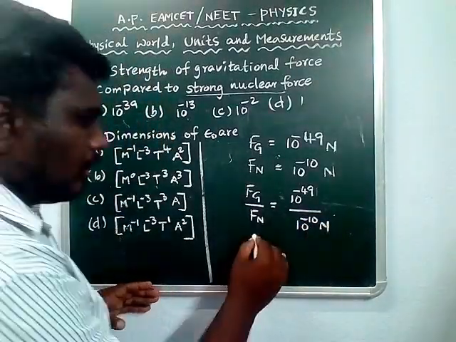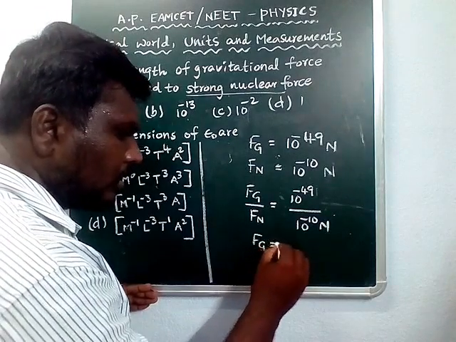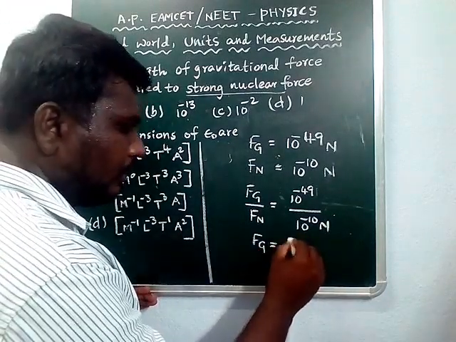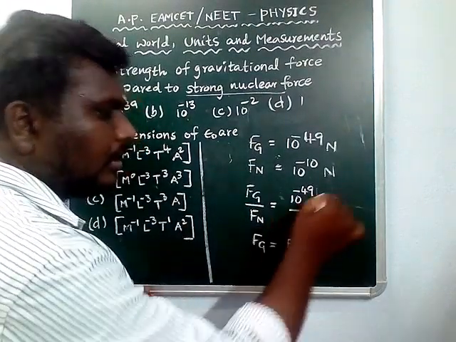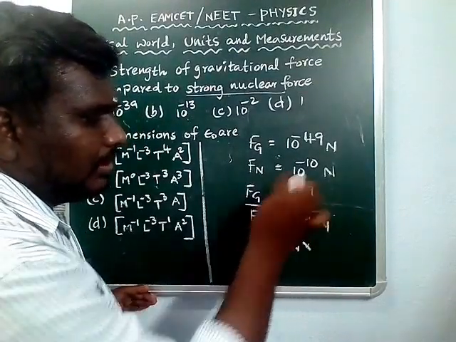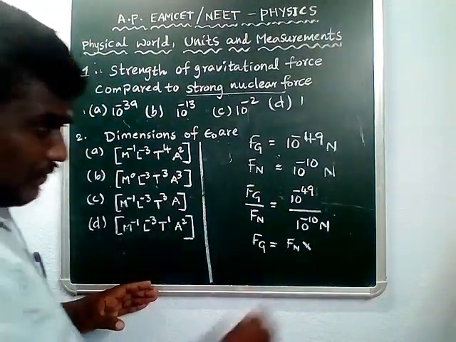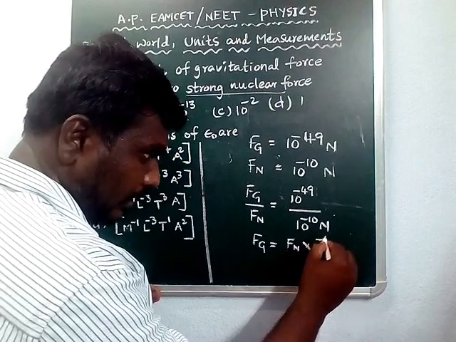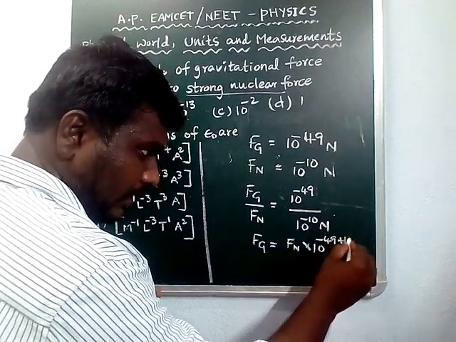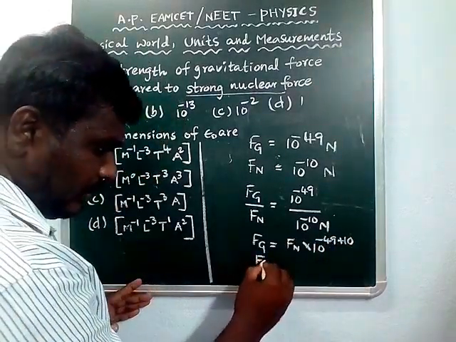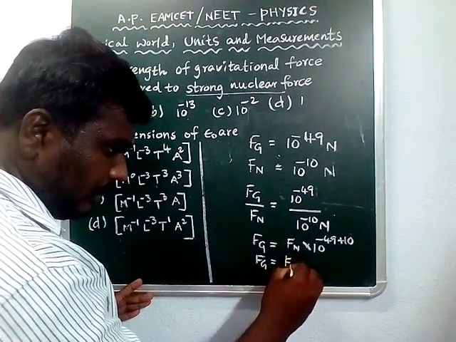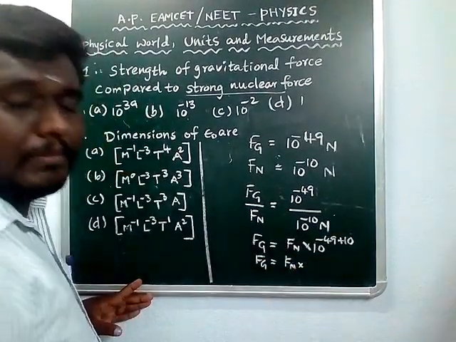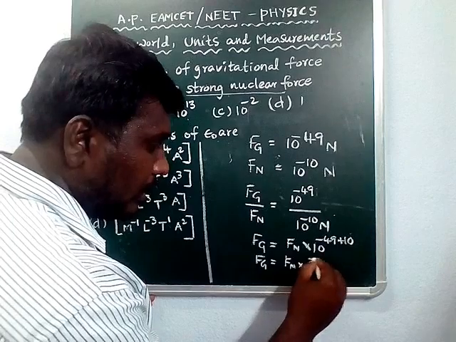So Fg is equal to Fn into 10 power minus 49 plus 10, by cross multiplication. So Fg is Fn times 10 power minus 39.